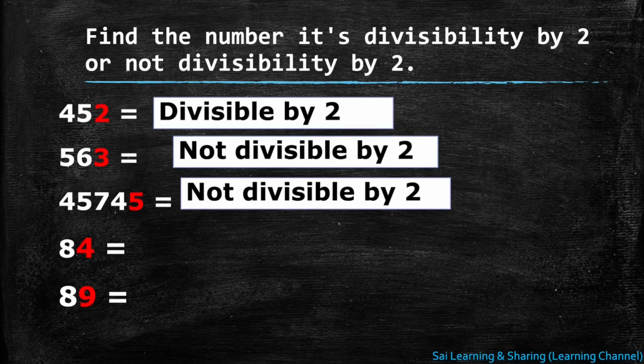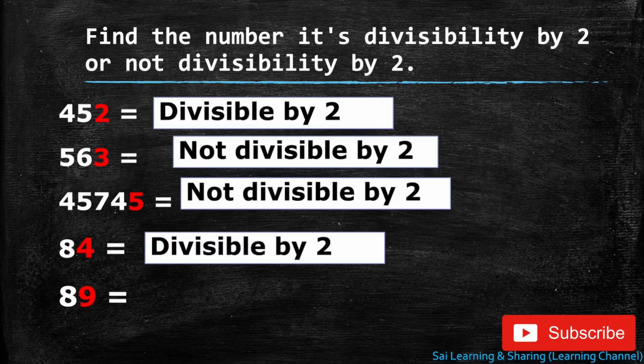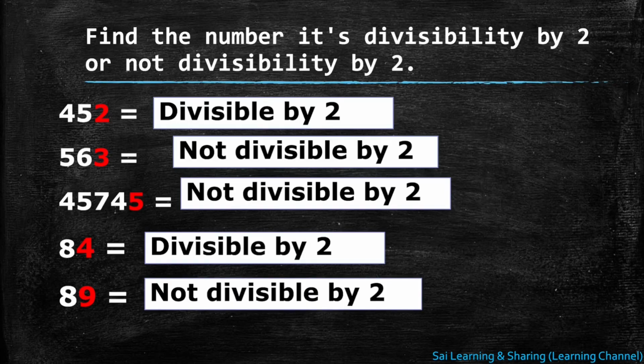Hence 4 is an even number. It is divisible by 2. Next, 89. In the ones place it is written 9, and hence 9 is not an even number. It is not divisible by 2.